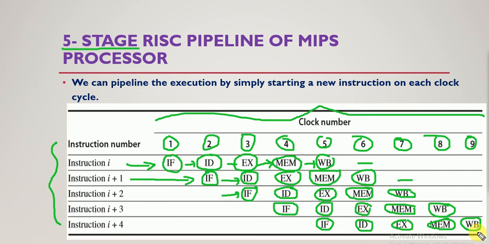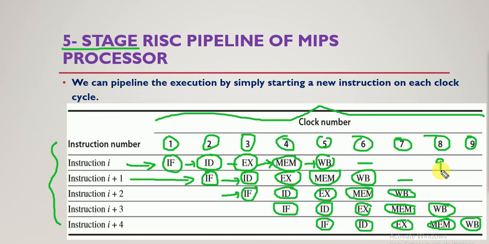So we can directly understand how it can improve parallelism. Just assume that for the completion of 5 different instructions, it took a total of 9 clock cycles. You can imagine this 9 clock cycles as 9 seconds.